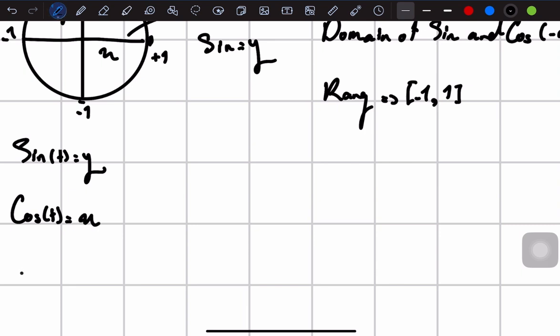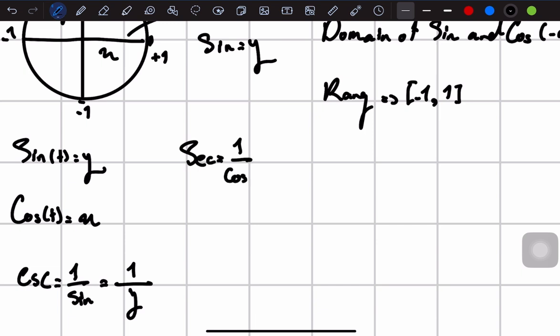What about the cosecant? Cosecant is the inverse of sine, 1 over sine, which is equal to 1 over y. What about the secant? Secant is the inverse of cosine, right? So this one will be 1 over x.